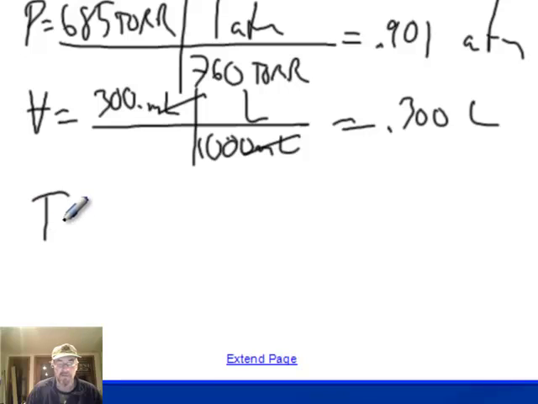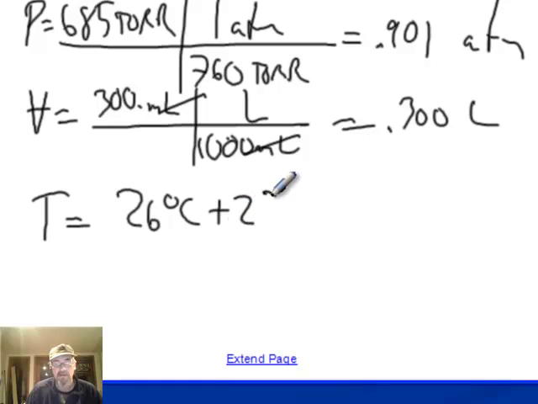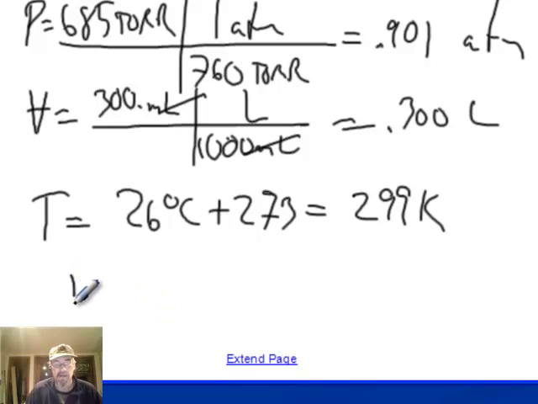And our temperature has got to be in kelvins, and it's not. It's 26 degrees C. So if we add 273 to that, we're going to get 299 kelvins.